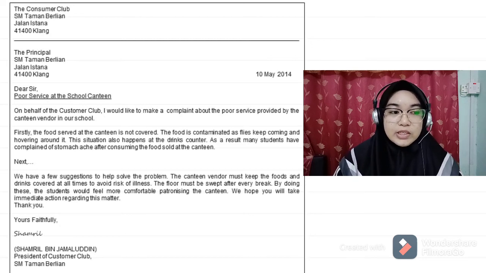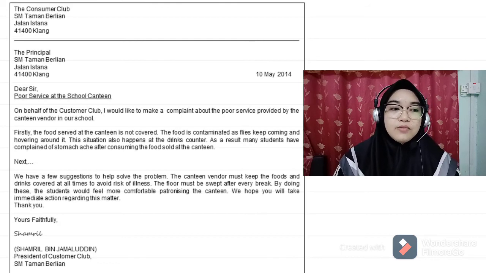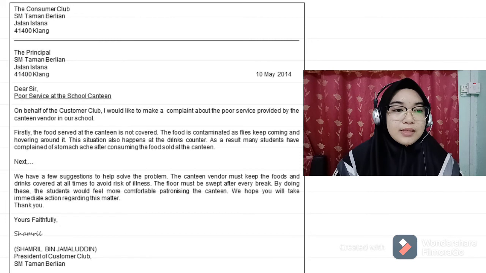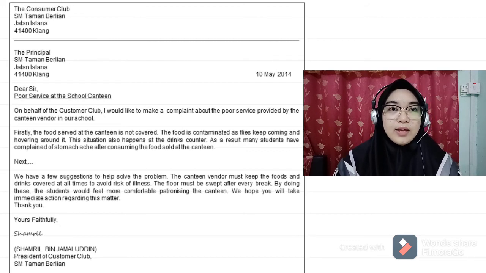The floor must be swept after every break. By doing this, the students would feel more comfortable patronizing the canteen. We hope you will take immediate action regarding this matter. Thank you.